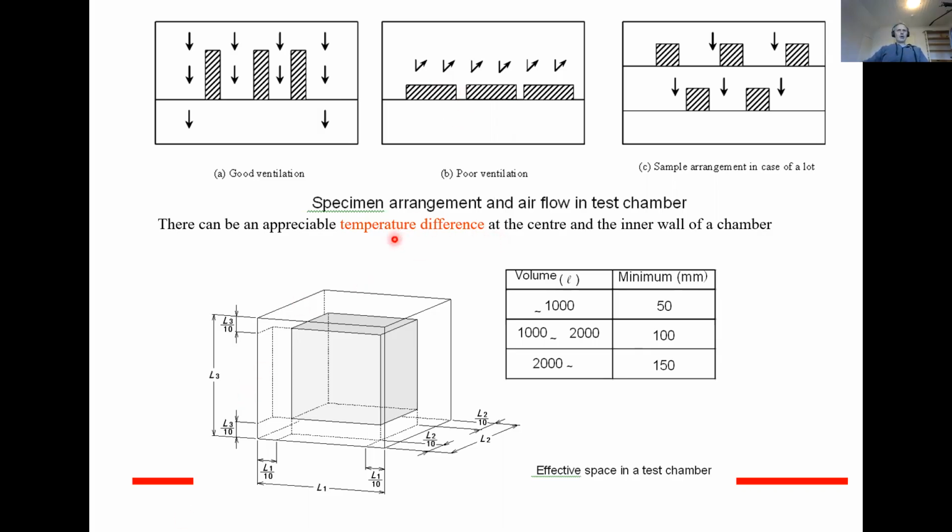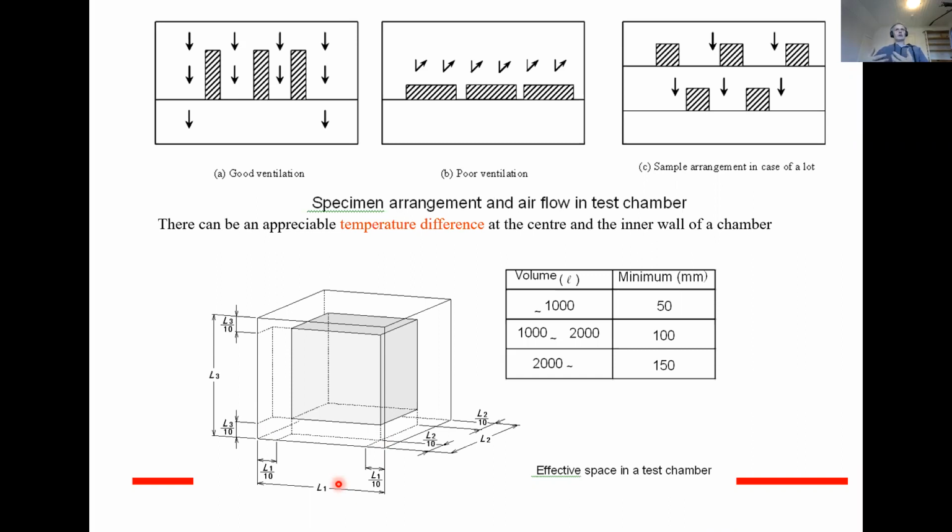And then also you need to be sure that you don't have any effects coming from the actual equipment itself. So for example, we all know that if you remove your refrigerator when it's on and you touch the compressor, it is extremely hot.